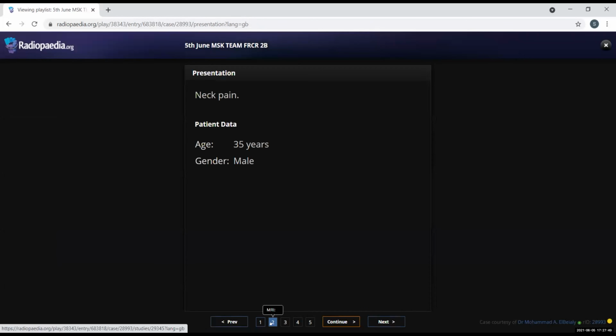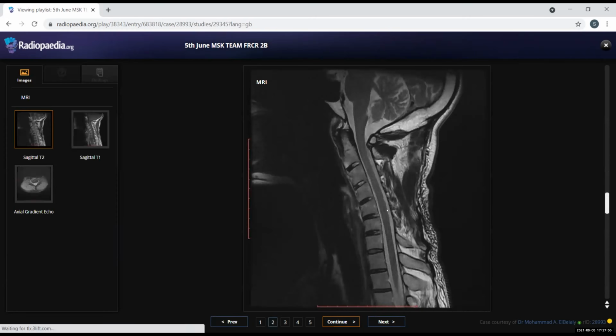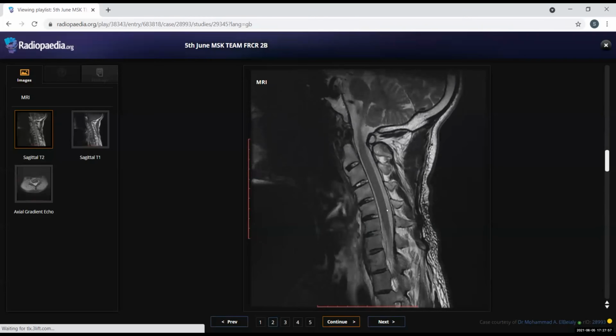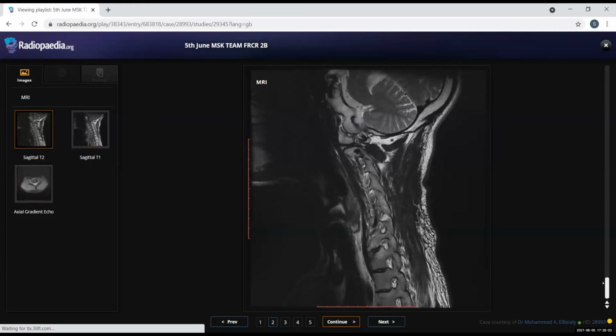Neck pain, 35 years old male. Okay, go ahead. So this is a sagittal and axial MRI scan of the neck.